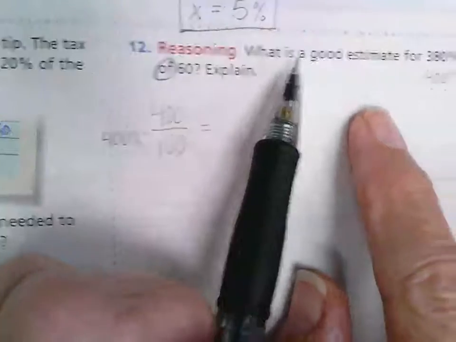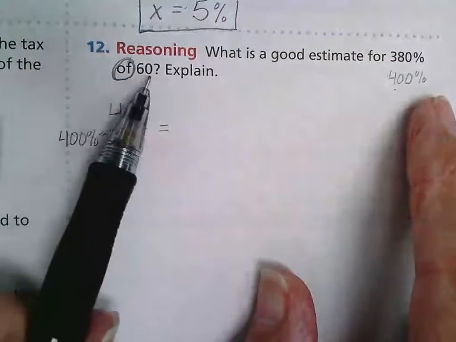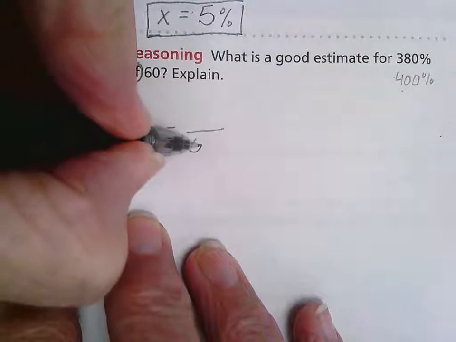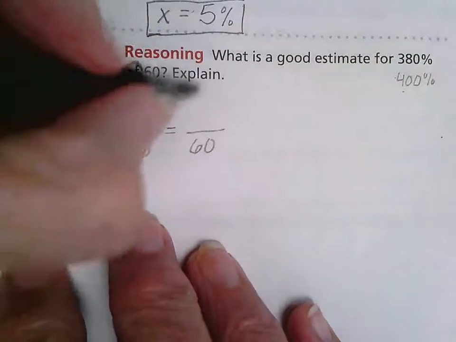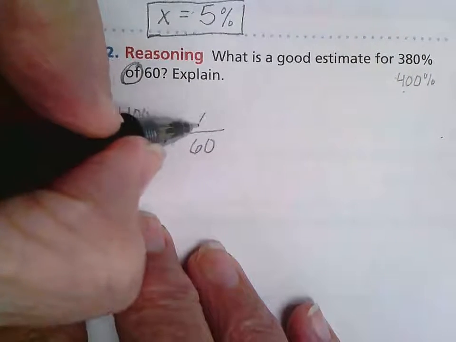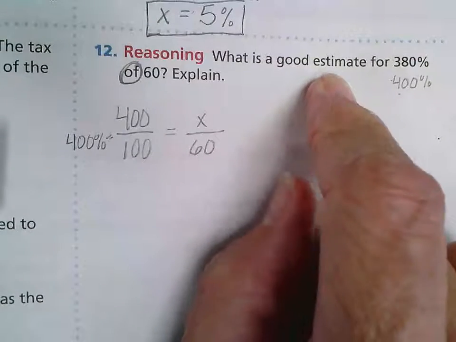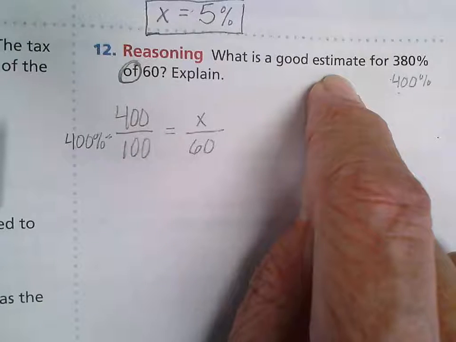So a good estimate for 380% of 60 means that I would have 60 down here. And I would be trying to find this number. Now they're just wanting me to estimate. They aren't wanting me to actually find the answer.